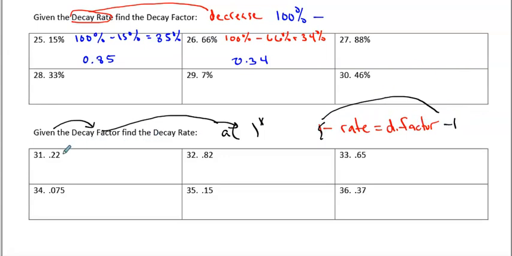So if I take 0.22 and subtract 1, I get negative 0.78. And since it's a decay rate, I'm just going to say my decay rate was 0.78 or 78% decay. And again, whether I do 0.22 minus 1 or 1 minus 0.22, I'm going to get the same answer. All right, so 1 minus 0.82 is equal to 0.18. So my decay rate is 18%.